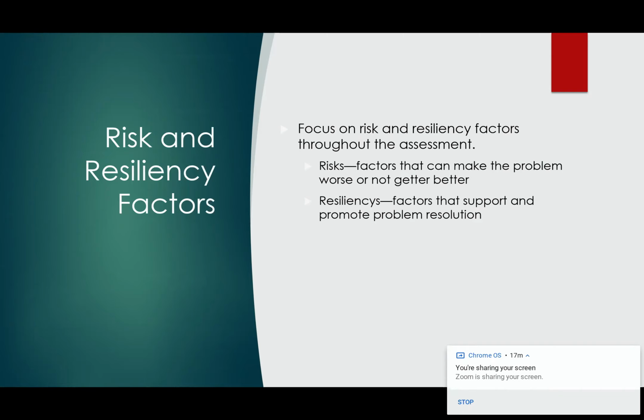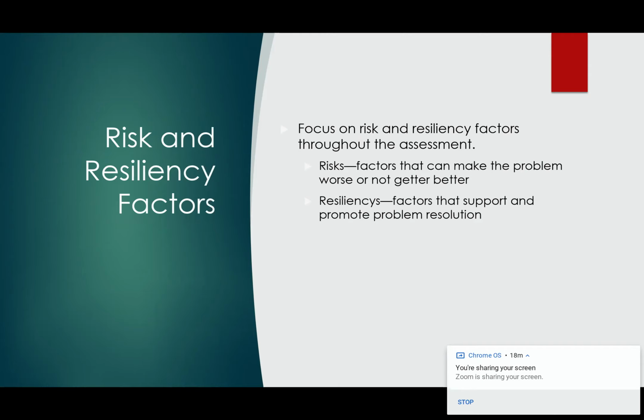One of the major purposes of the biopsychosocial is to also assess risk and resiliency factors. Risk factors are factors that make the problem worse, and resiliency factors are factors that support and promote problem resolution. An example of a risk factor may be a medical concern, a cognitive concern, a relationship where domestic violence is currently present, or the fact that they're homeless or unemployed.